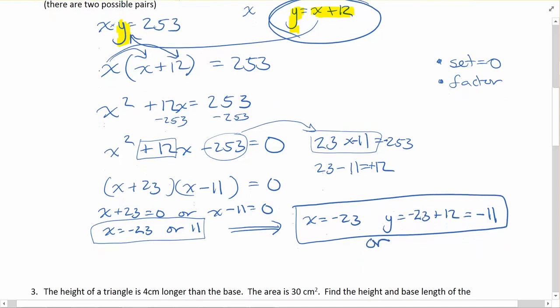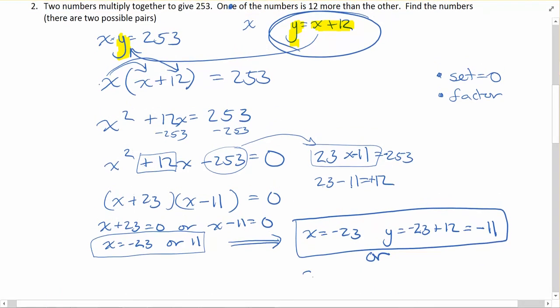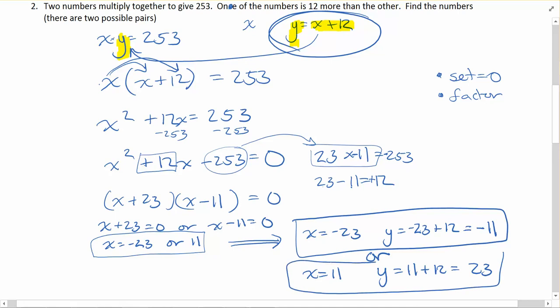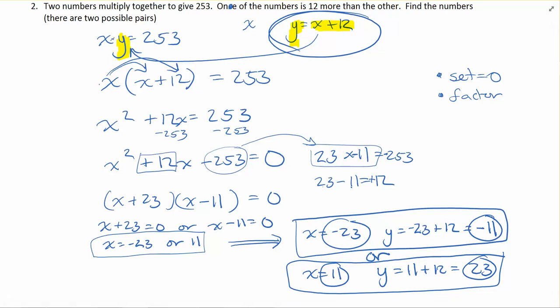Or, because I know I've got two answers here for x, my other x could be 11, and my y then would be 11 plus 12, which would give you positive 23. So we've got two possible combinations here, negative 23 and negative 11, or 11 and 23. So in both situations, there's a difference between them of 12, and if you times them together, you get positive 253. So both of these will work as our solution, so we would give them both as a solution in this case.